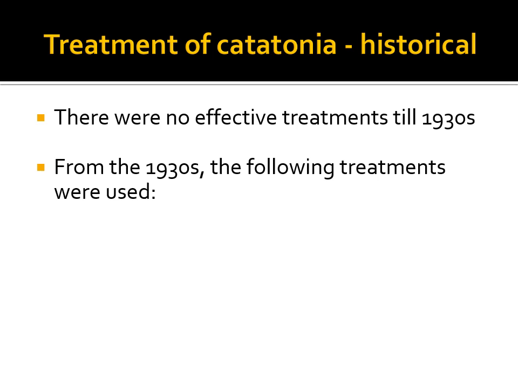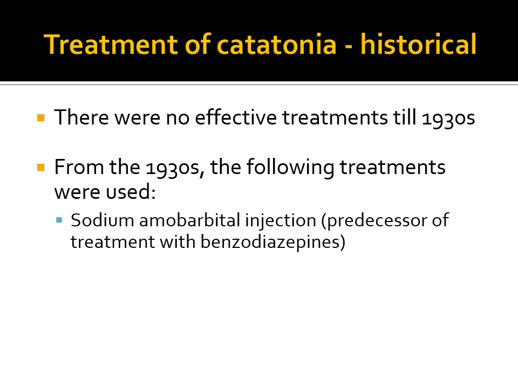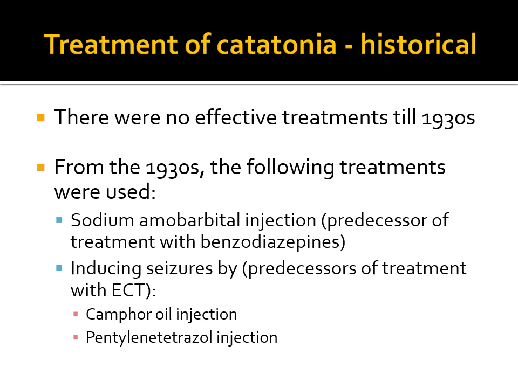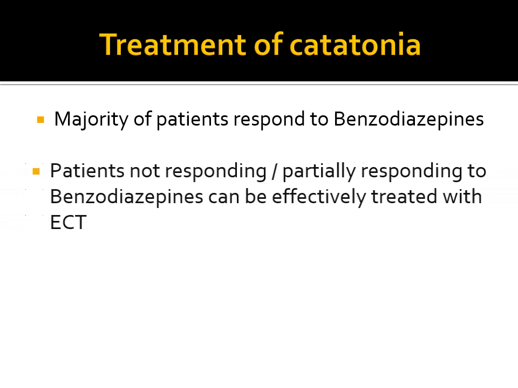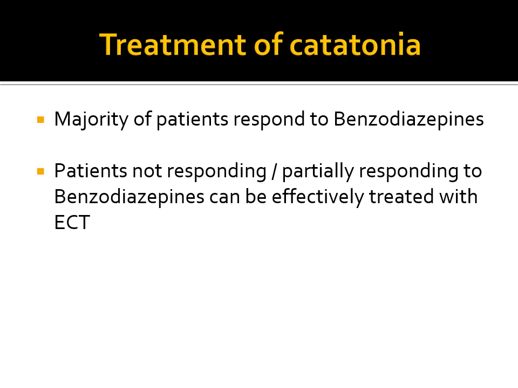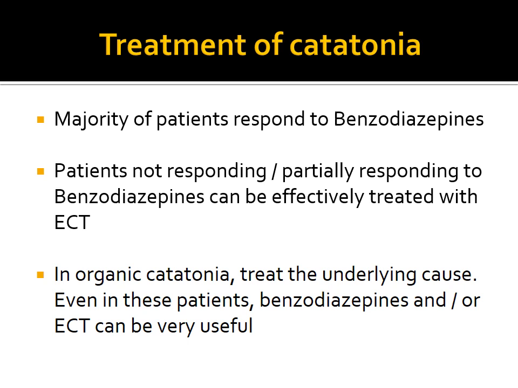And from the 1930s, various treatments were tried, including sodium amobarbital injection, inducing seizures by camphor oil injection or pentylene tetrazole injection, and these days the majority of patients respond to benzodiazepines, and patients not responding or only partially responding to benzodiazepines can be effectively treated with ECT or electroconvulsive therapy.